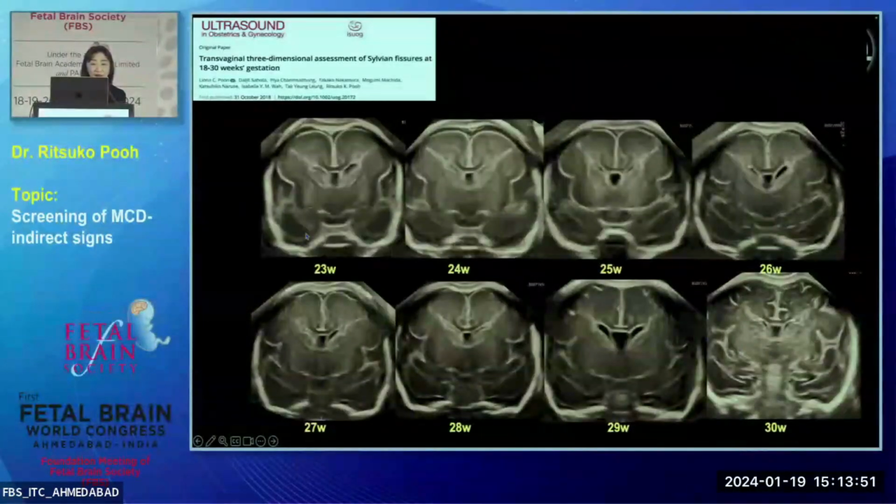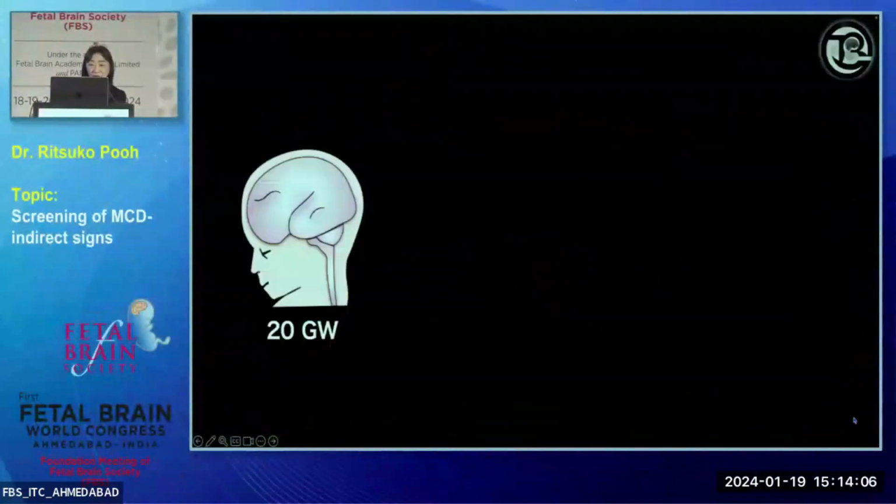And this is from 23 to 30 weeks of gestation. After 28 weeks of gestation, it is much more obvious to see the gyrification.